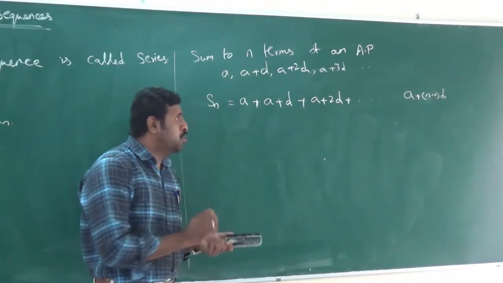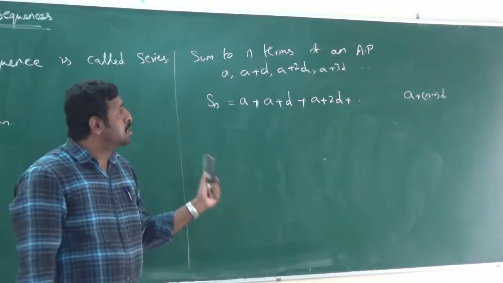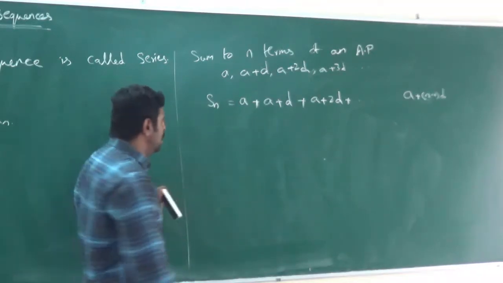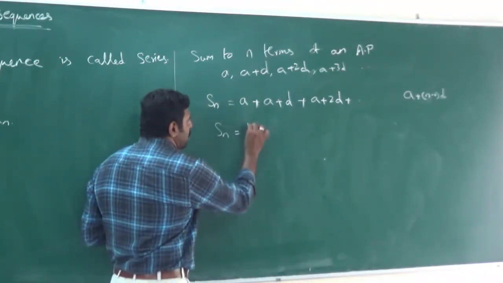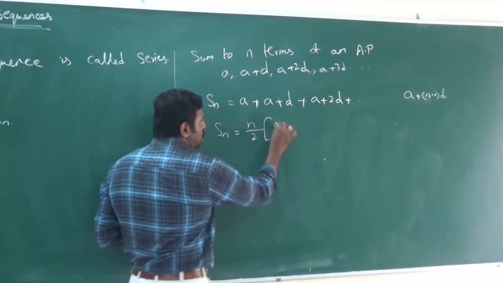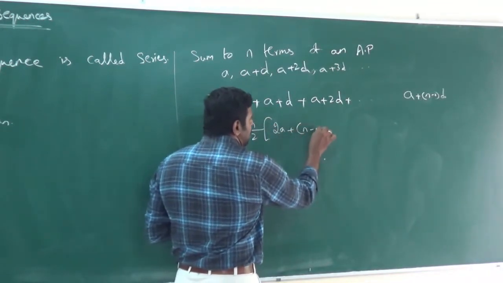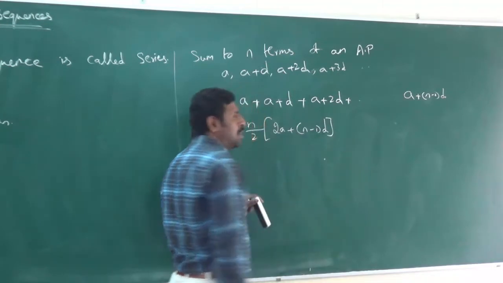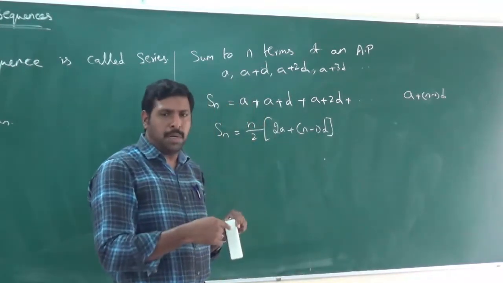Here we have two formulas to find the sum of the AP terms. Sn is equal to n divided by 2 into 2a plus n minus 1 into d, when we know the first term and the common difference.